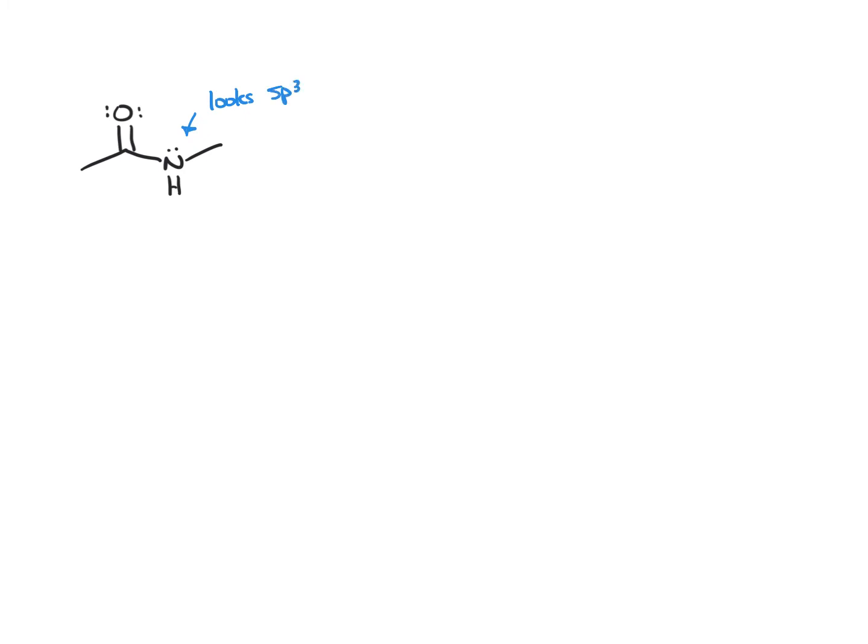But if you draw the resonance structure, we get this. And now, if you look at how many groups are on the nitrogen, we just have 3 bonds.